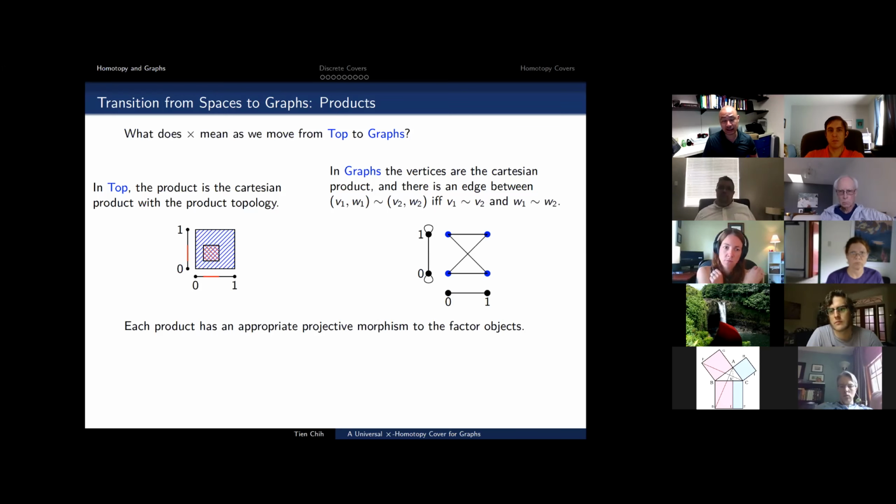No, actually this is the categorical product. Okay. So this is a product that you're calling Cartesian, but what's called a Cartesian product is not. What I mean by the Cartesian product is that the vertex set is the Cartesian product of the vertex sets.